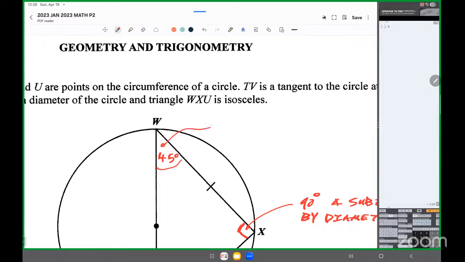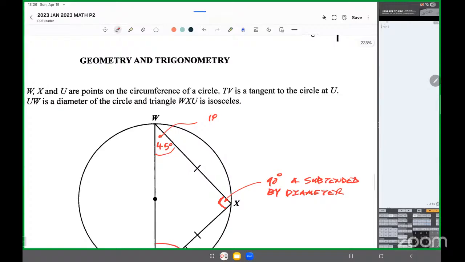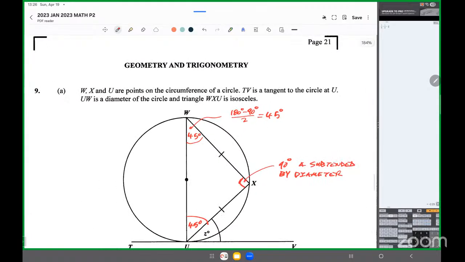That angle is 180 degrees minus 90 degrees, divided by 2, is 45 degrees. Why is that? Because the isosceles triangle's total angle is 180. So this is 90 because angle subtended by diameter, and then in the isosceles, these two angles are equal, 45 each. So you can write that.